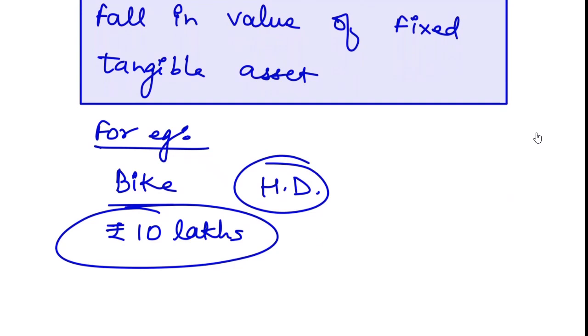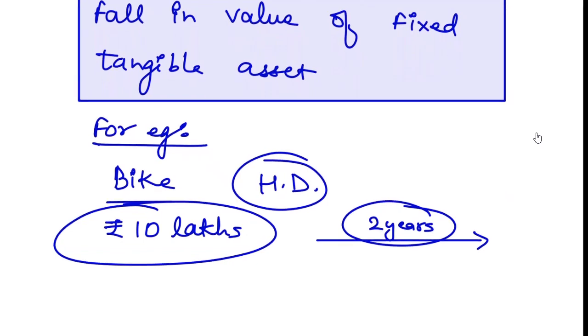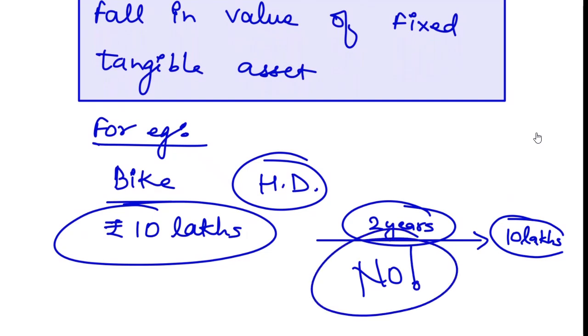If I sell this bike after 2 years, can I sell it for the same 10 lakhs? Give me the answer. Can I sell it for the same amount of 10 lakh? The answer is no. Why no?